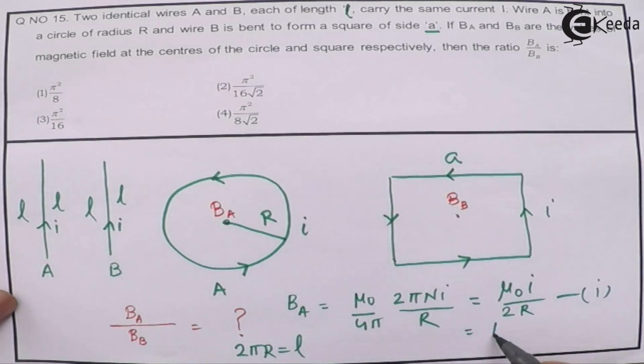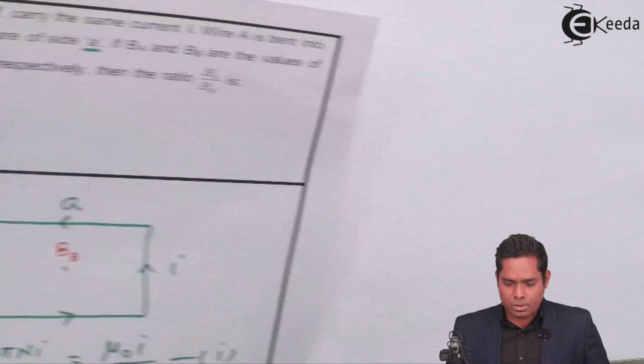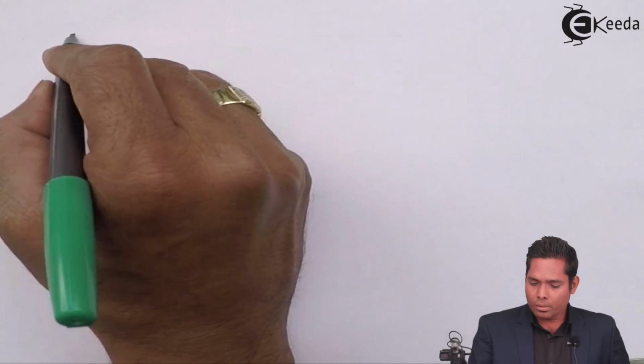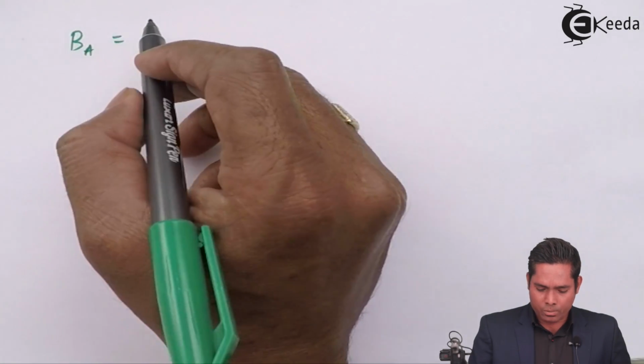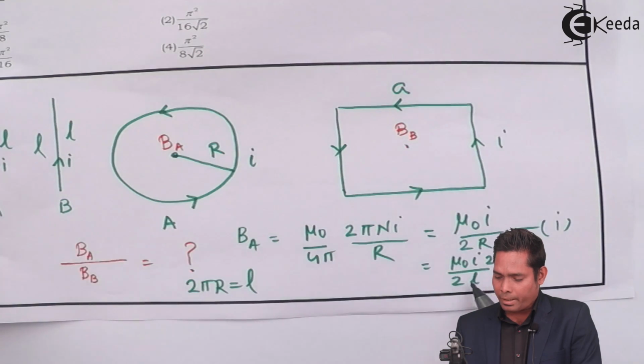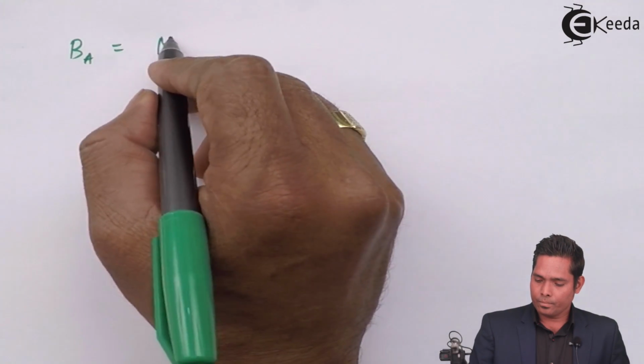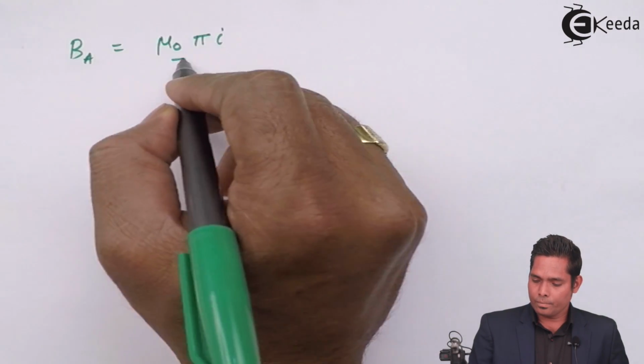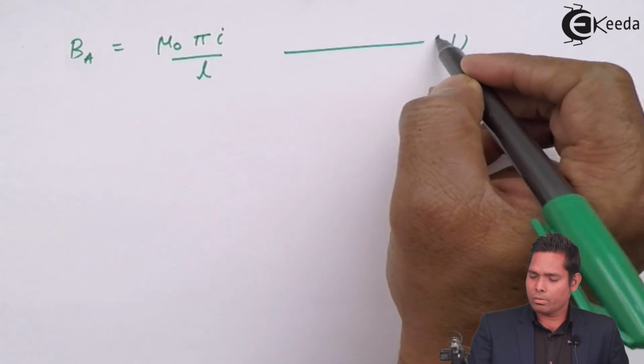If I substitute that into mu naught I upon 2R, BA becomes, you can see the 2 will cancel, mu naught pi I by L. I will call this equation 1.